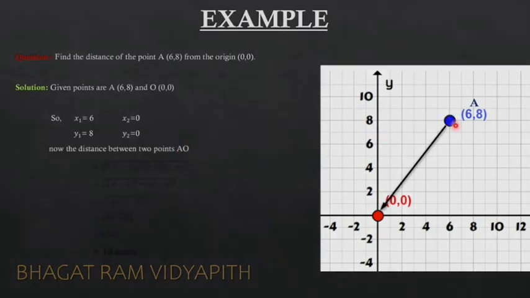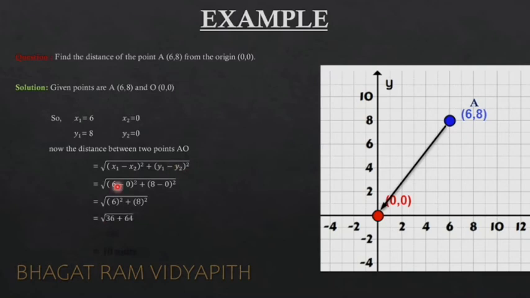The distance between the points AO will be equal to root over (x1 minus x2) squared plus (y1 minus y2) squared. 6 minus 0 squared plus 8 minus 0 squared, which is simply x squared plus y squared. 6 squared is 36 and 8 squared is 64.